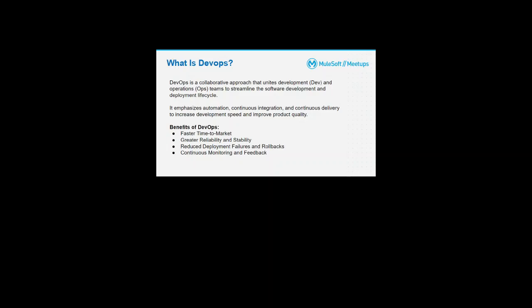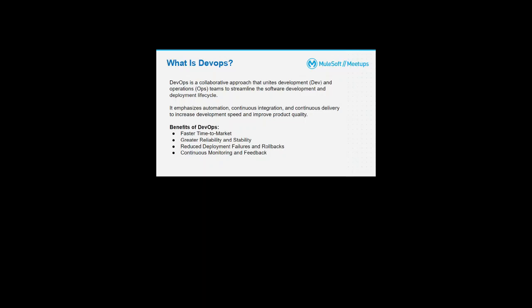In DevOps, we always automate and standardize the processes that are used to deploy applications, reducing the likelihood of deployment failures and need for rollbacks. Then continuous monitoring and feedback. DevOps practices enable continuous monitoring of applications in production, providing valuable feedback for further improvement.